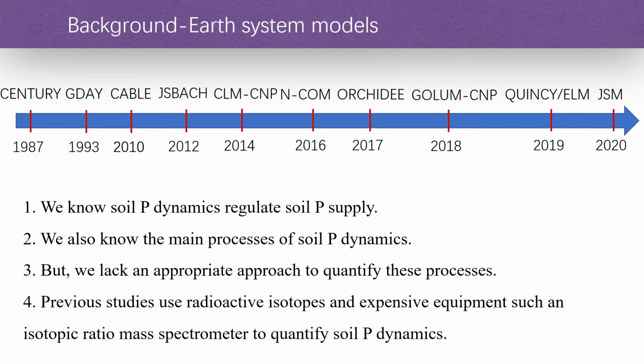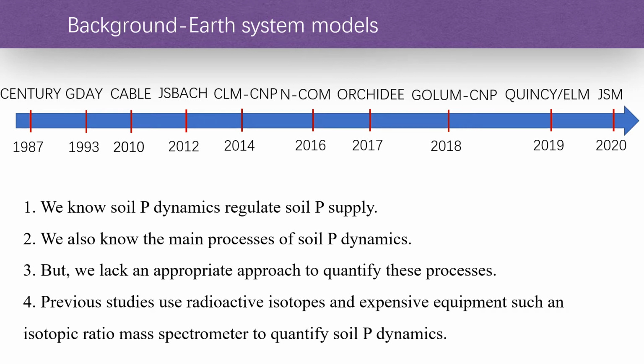Given the important role of soil phosphorus supply in plant growth, primary production, and terrestrial carbon sequestration, more and more land models are incorporating soil phosphorus dynamics, including CABLE, CLM, and some other models, to constrain model predictions of land carbon sequestration.